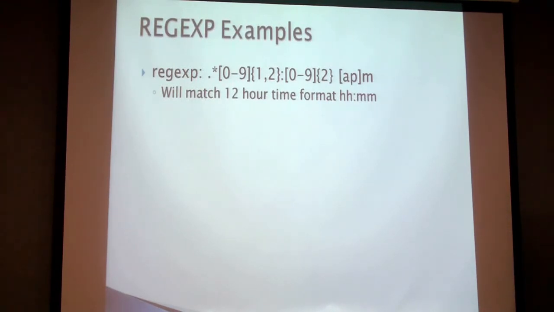Dot star, what does that match? Anything. All right, fine. What about square bracket 0 to 9? One of those zeros. All right, any numeric number. And what does this 1 comma 2 mean? Once or twice. Good. Okay, so that means what's our possible combinations? From 0 to 99.